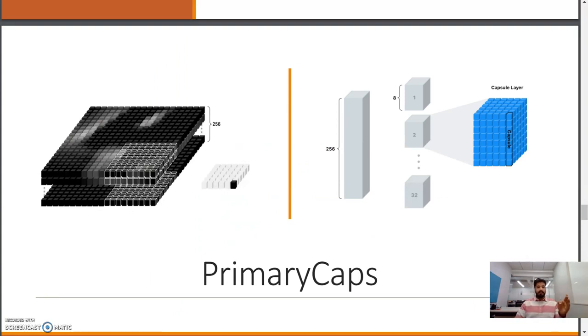Now, on the left side of the slide, you can see there is a set of 256 outputs that we got from the convolutional layer. Now, from this, we'll take 9 into 9 matrices from the filter and get one output into a 6 by 6 matrix.